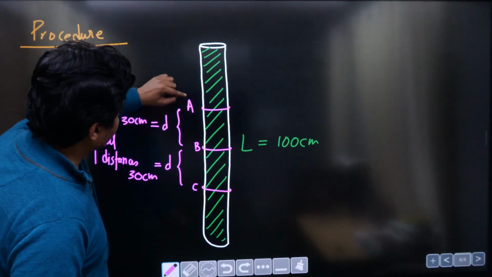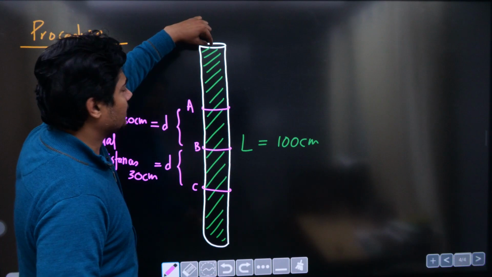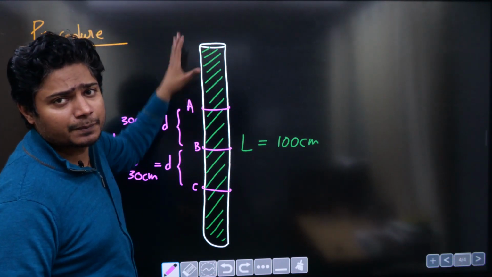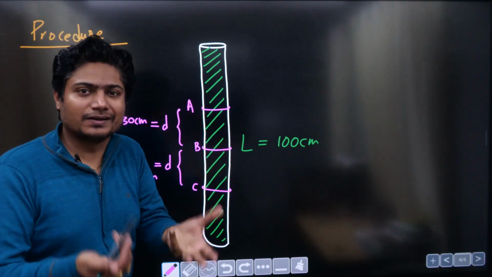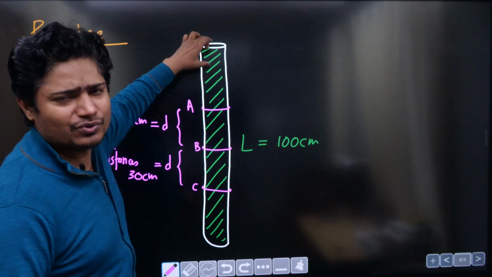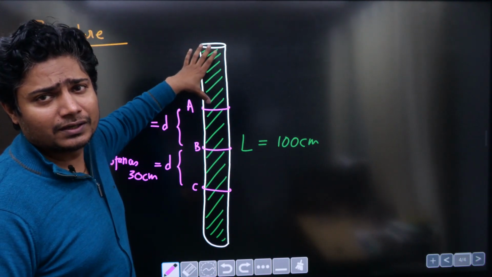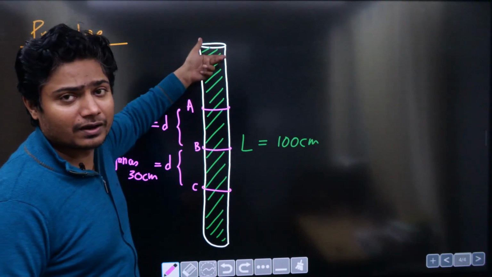And also mark this A point a little bit even greater than these distances, so that you will give enough space for the sphere to attain the terminal speed. The purpose is to find the terminal speed only. It will travel for some distance, generally 10 to 20 centimeters is enough, but for safety and precision's sake, you can take even larger.